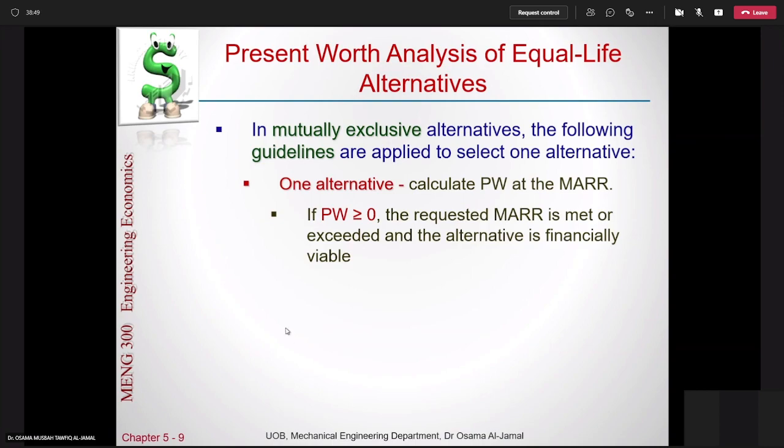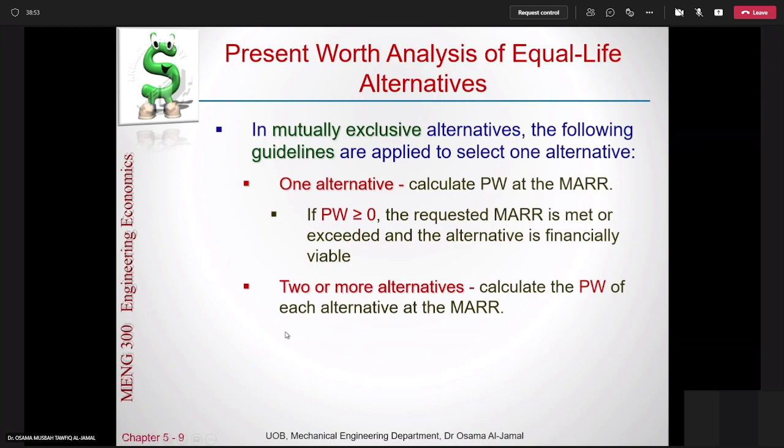That is if we are going to go for one alternative. What about if we have more than one? Two or more alternatives: calculate the present worth of each alternative at MARR. Each alternative, like what we did in here, you need to do exactly the same for each one of them. Say, for example, you have 3 problems.